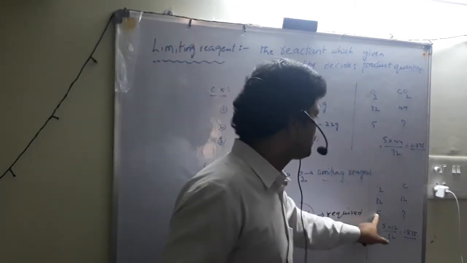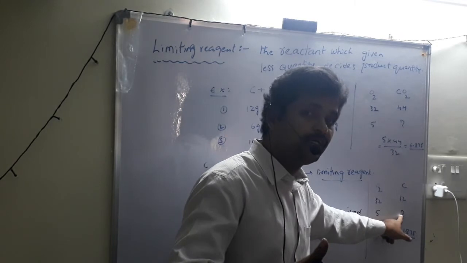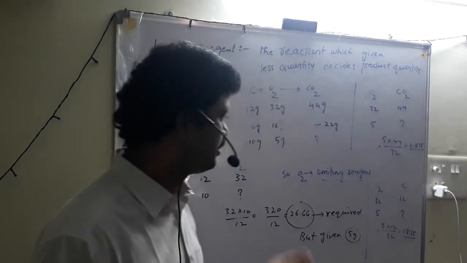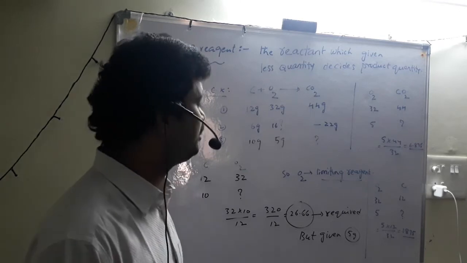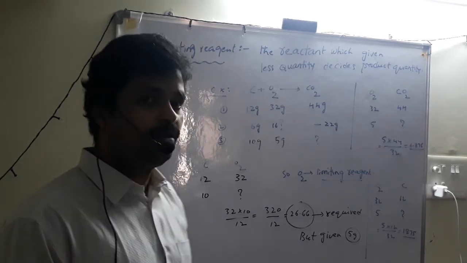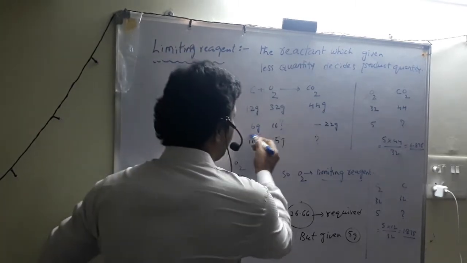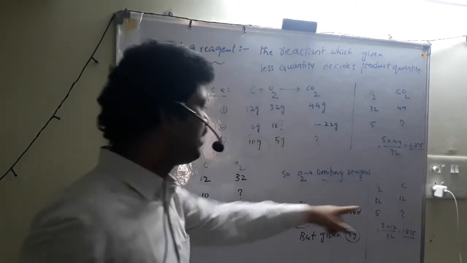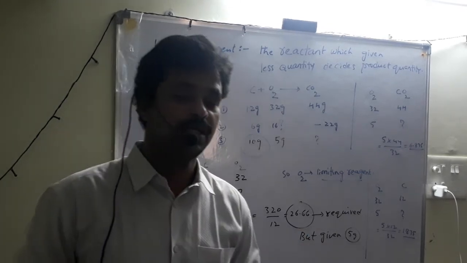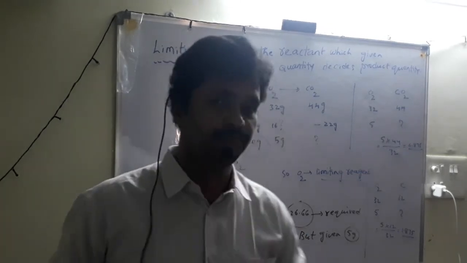Then 5 grams of oxygen will take how much carbon? 1.875 grams of carbon will be consumed. What is the leftover? Remaining carbon is 10 grams minus that 1.875. That will be the carbon leftover.